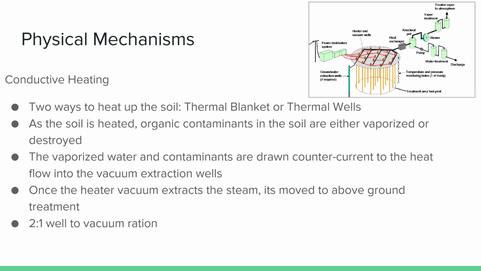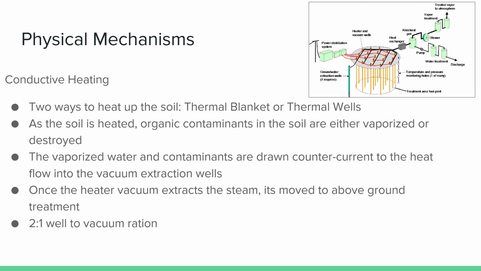This causes the water and contamination to become steam, and once they become steam, the heater vacuum in between the wells sucks them up and transports them to the treatment center, where we clean the contamination out of the water and then put it back into the groundwater after completion.